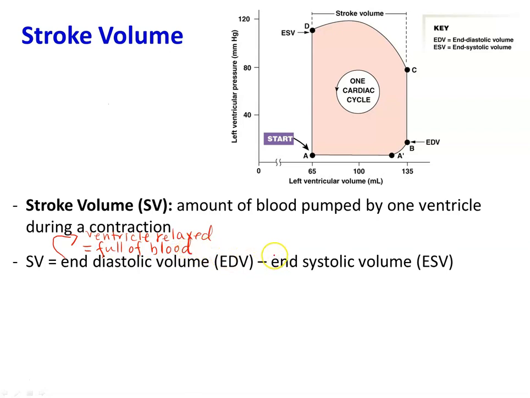Now, at the end of ventricular systole, we've squeezed our ventricles, okay? And so here the ventricle is contracted, and its contents have now been ejected into the great arteries.